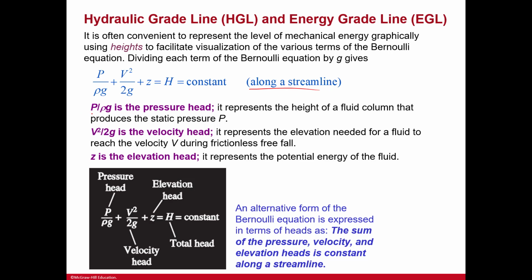And then you have P over rho g, which is the pressure head. It represents the height of the fluid column that produces the static pressure P. And then V squared over 2g is the velocity head. It represents the elevation needed for a fluid to reach the velocity during frictionless freefall. And then z is the elevation head, and it represents the potential energy of the fluid right here.